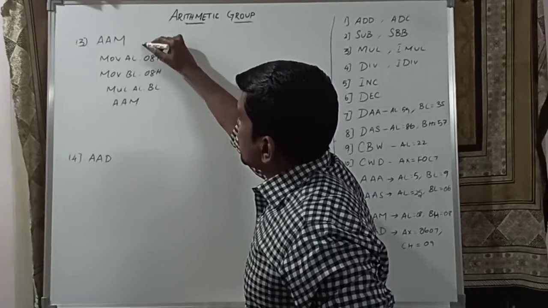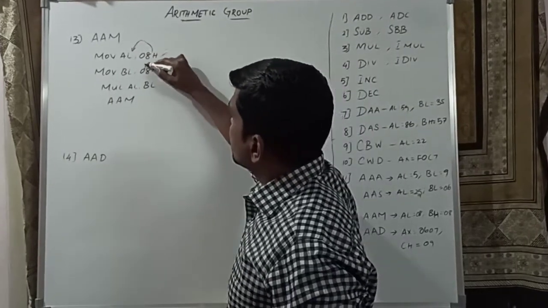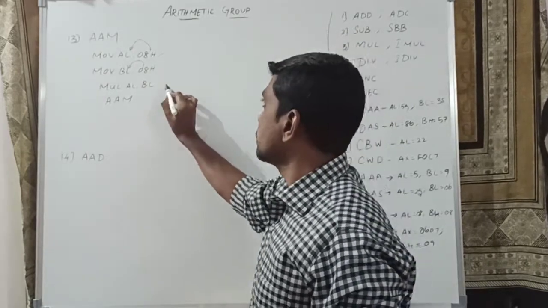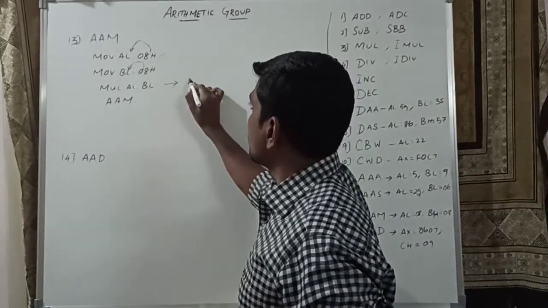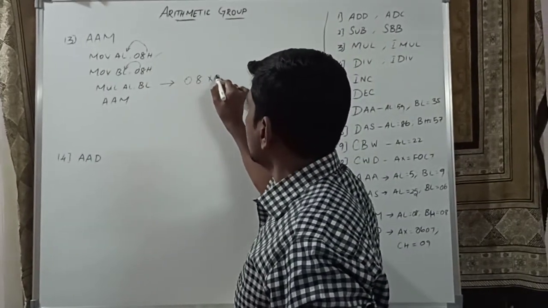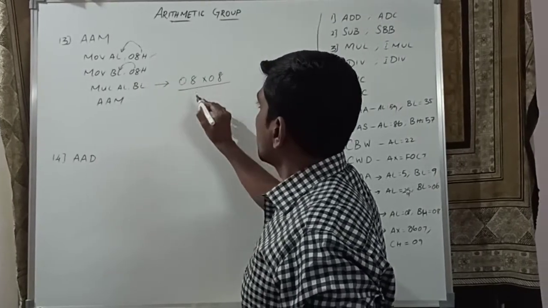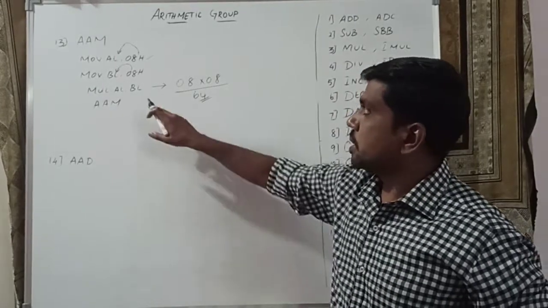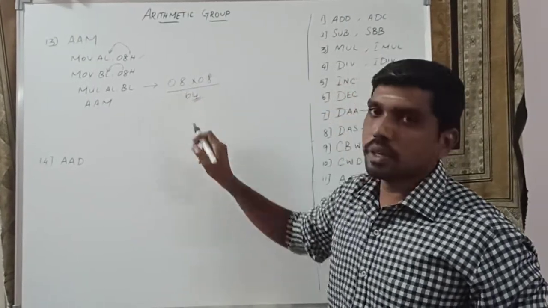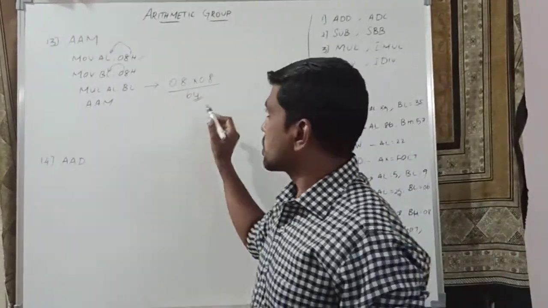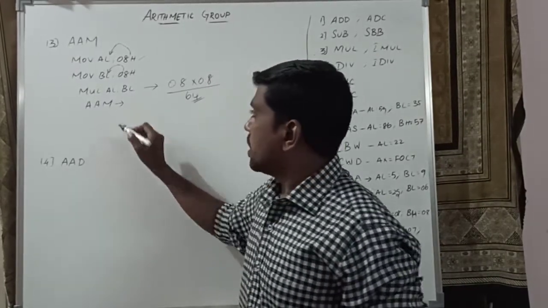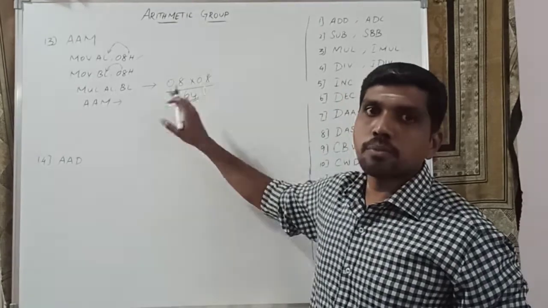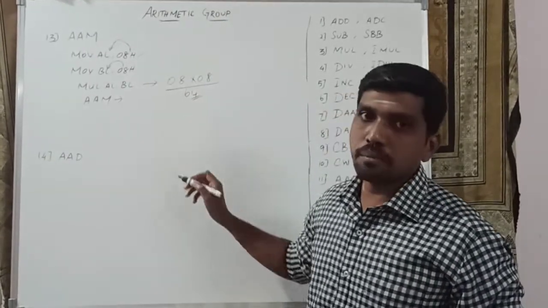This 08 is transferred to the AL register. This 08 is transferred to the BL register. After getting the two values, you multiply the two contents: 08 into 08. The final result is 64. The function of the AAM instruction is that this content is split into an unpacked BCD number.